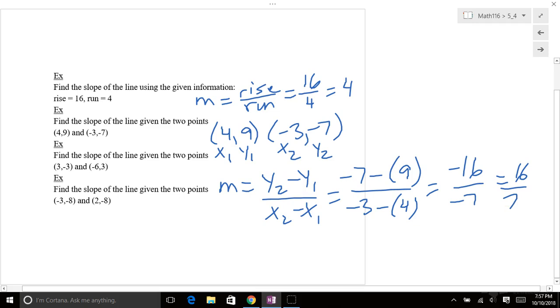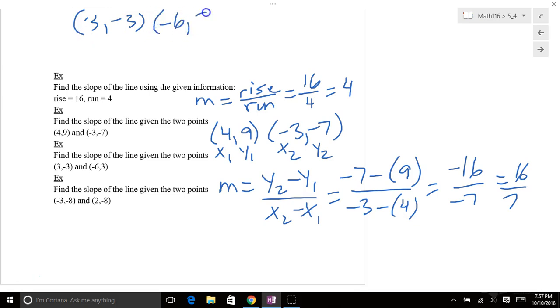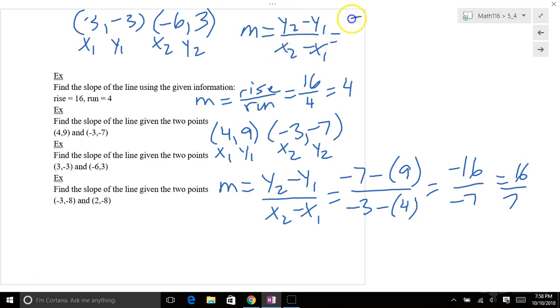The next one you got (3, -3), and then you've got (-6, 3). So again, name it x1, y1, x2, y2, and then plug it into the equation y2 minus y1 over x2 minus x1. So y2 is 3 minus the y1, which is -3, over the x2, which is -6, minus the x1, which is just 3.